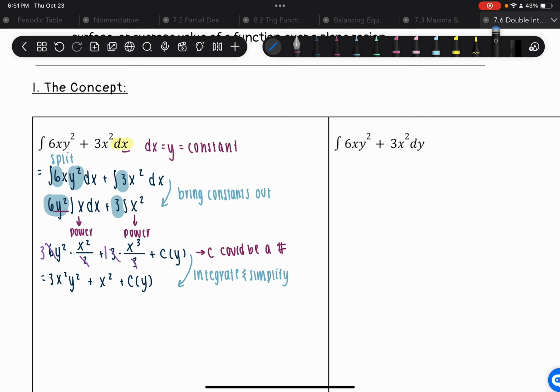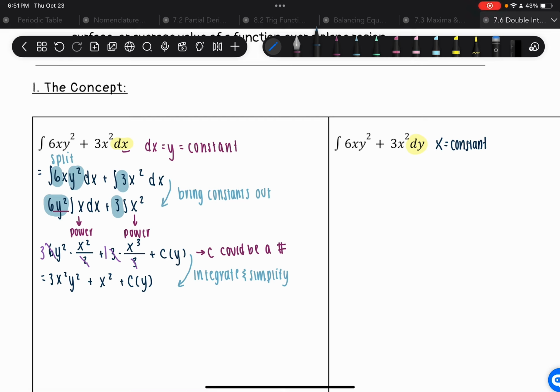So let's look at the same thing, but on this other side. Notice how on the left side we had dx, so y is the constant, but here we have dy instead, which means x is our constant. So that is something to be careful about and to pay attention to.